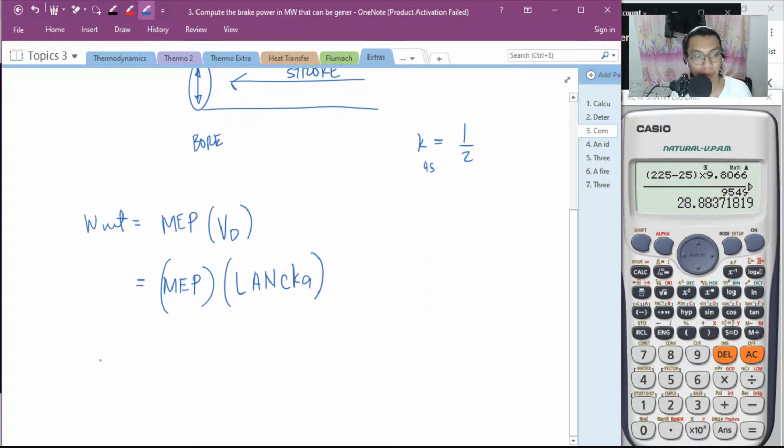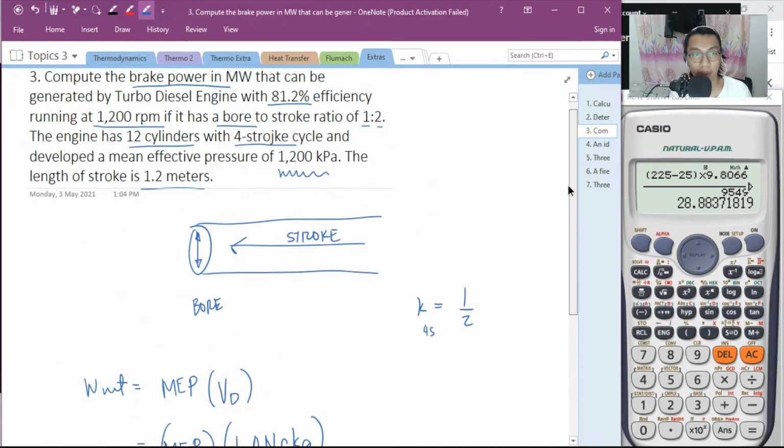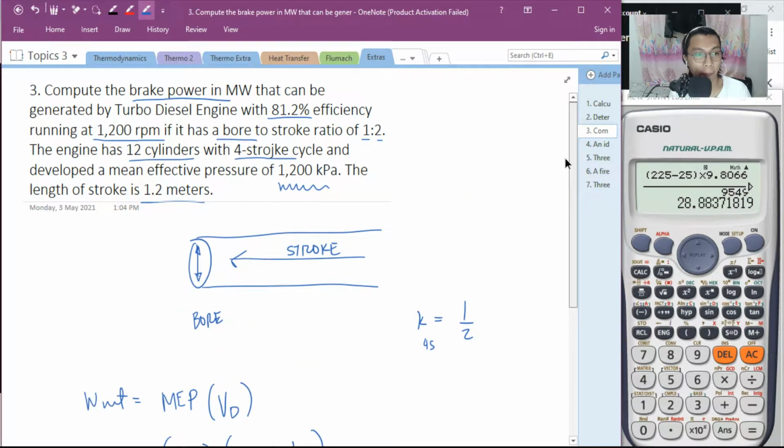Yung efficiency is equal to yung brake power divided by yung brake work dito. That can be generated.